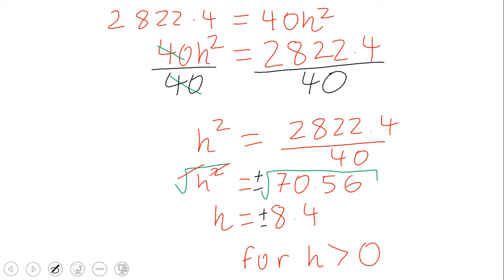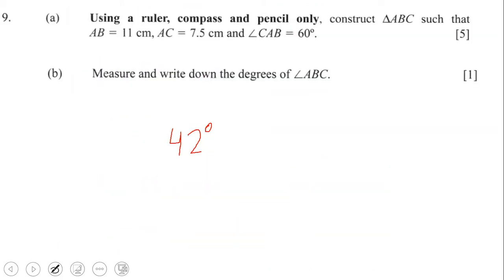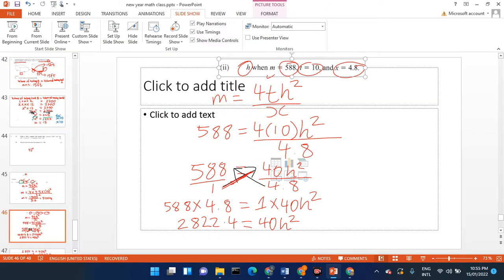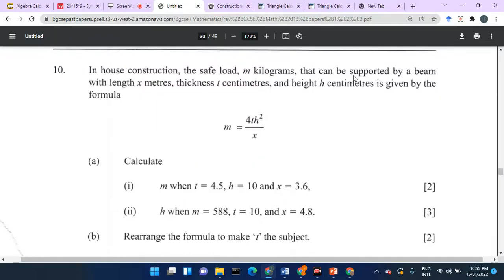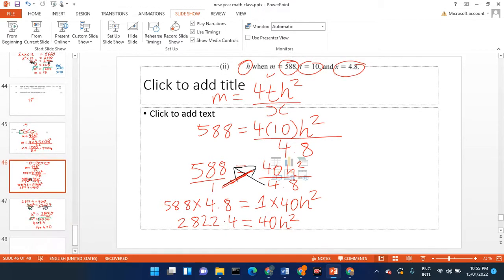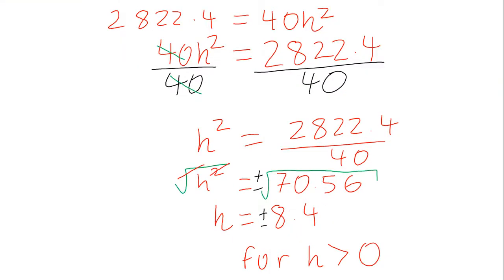But because we know that h, based upon the question, is height, and height cannot be negative, we're going to restrict our value for h to only be a positive number. If h is a positive number, then we don't need the plus or minus sign.